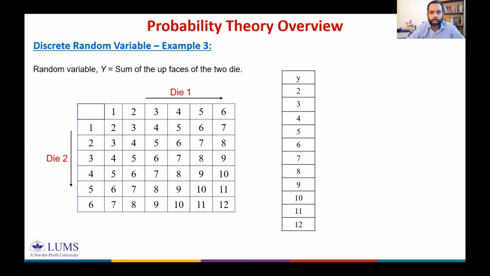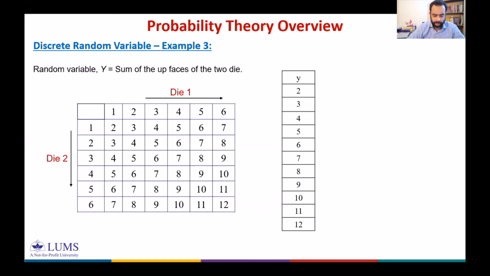And obviously for each outcome, you can assign a value to the random variable Y on the real line. Okay, so I assume now you have an understanding of a discrete random variable that maps each outcome in your sample space to the real line.